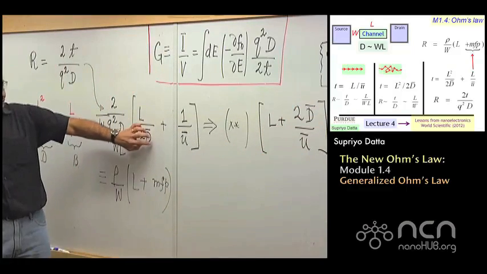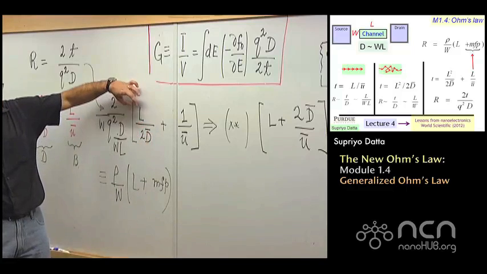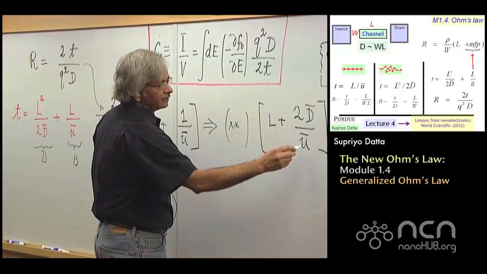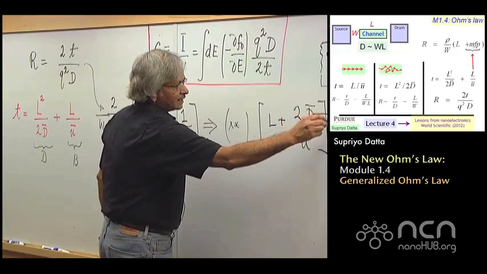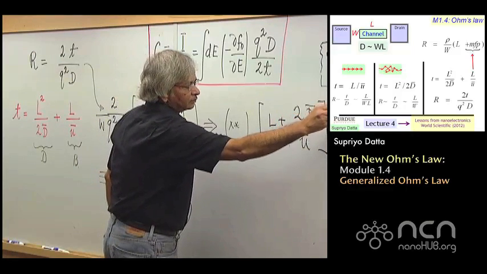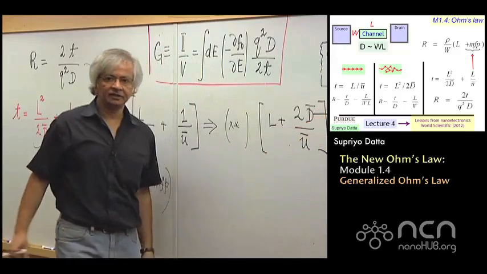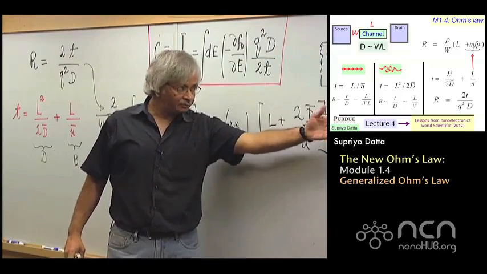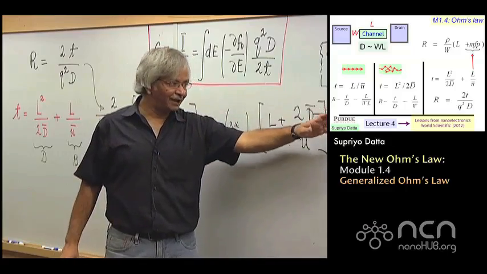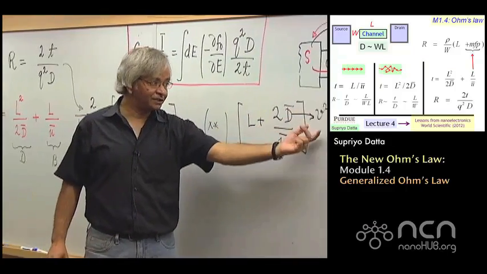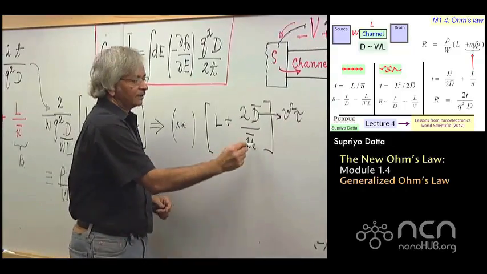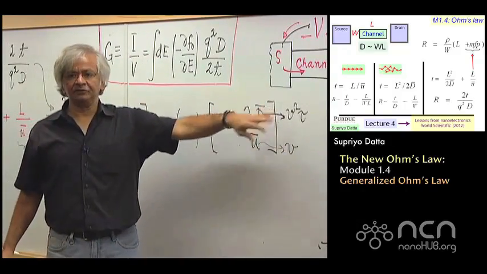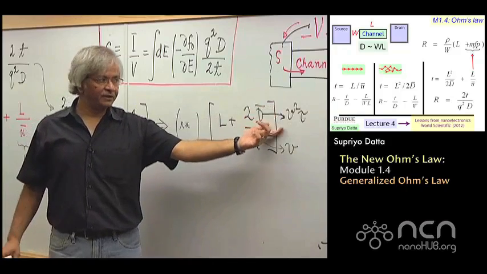That is, if I pull this 2D out of here, then it would look like L plus that quantity. And remember, this D is like v squared tau. This is the diffusion coefficient. As I discussed earlier, this is like that. Of course, there are numerical factors depending on angular averaging, etc., that need discussion, like v squared tau. But this one is like v. And so when you look at the ratio, that's like v tau, which is like the mean free path.